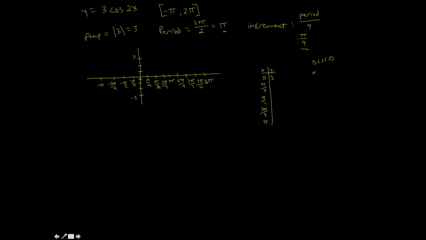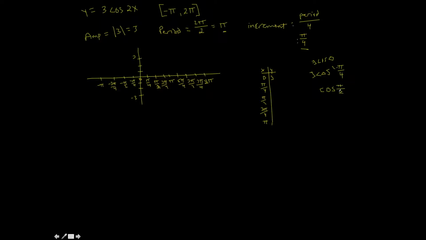Now this is, remember, 3 times the cosine of 2 times pi over 4. I know this is a little sloppy, bear with me. 2 times pi over 4. Well, what's 2 times pi over 4? That is really pi over 2. 2 pi over 4 is the same thing as pi over 2.